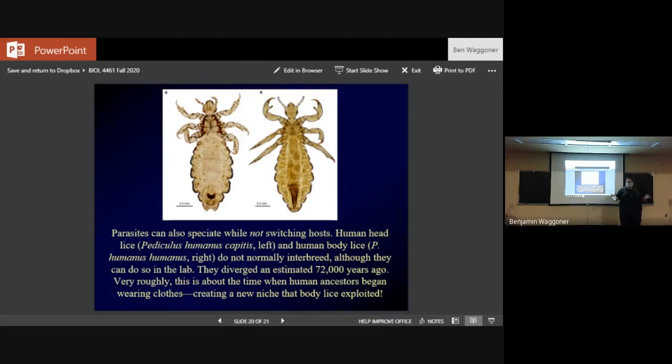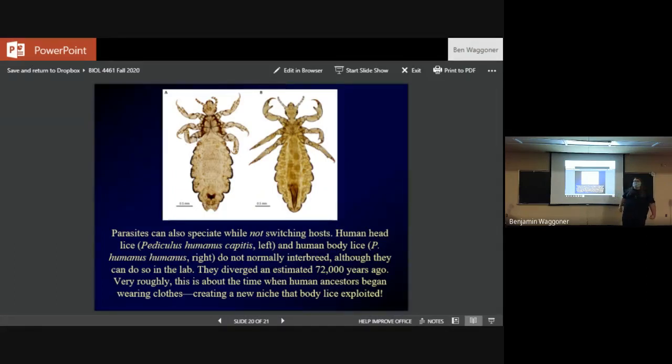They were subject to different conditions, and they have not completely speciated because they can still interbreed, but they're on the way to doing it. And the reason is speciation without a host splitting. We just created a new niche on our own bodies when we started wearing clothes.